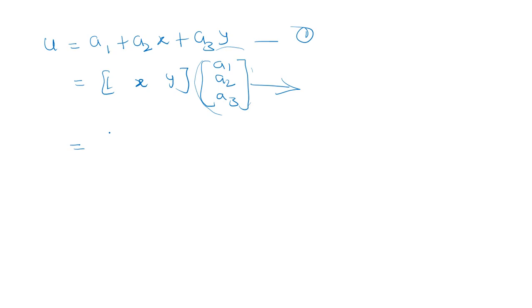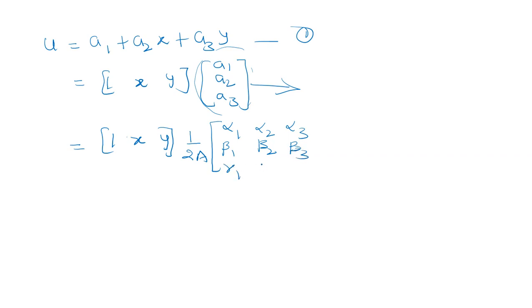Then I can write it as 1 x y multiplied with 1 by 2A, multiplied with alpha 1, alpha 2, alpha 3, beta 1, beta 2, beta 3, gamma 1, gamma 2, gamma 3, multiplied with u1, u2, u3.